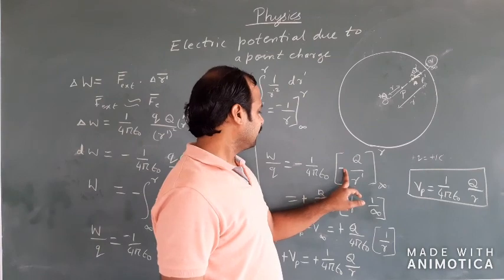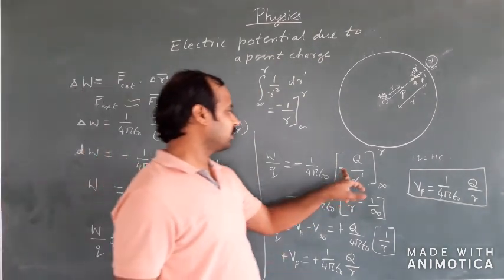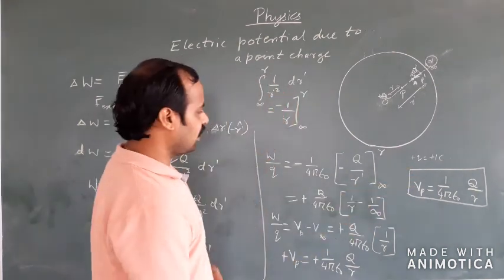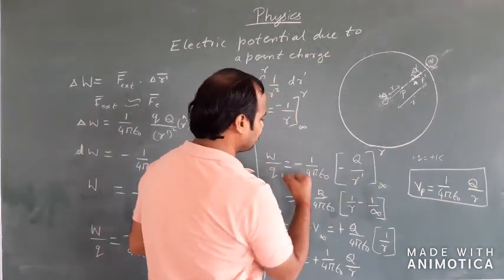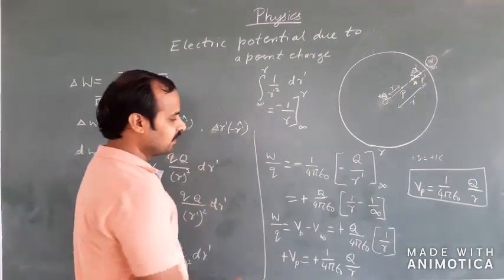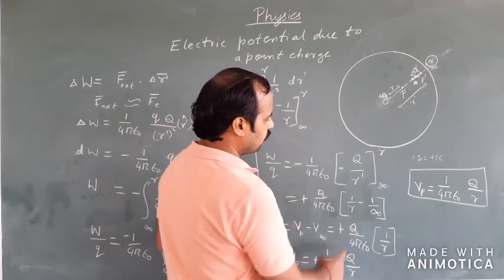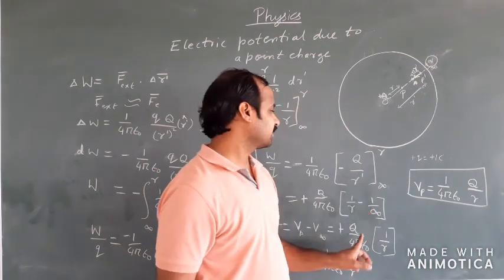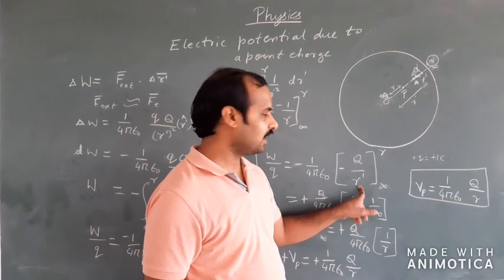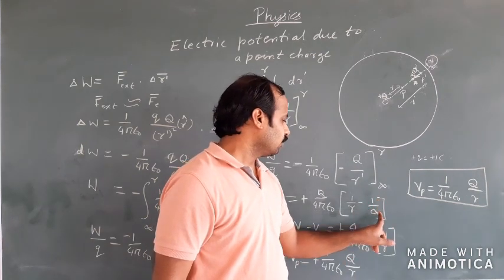You can see that the integration of q by R dash square dr dash is nothing but minus q by r dash between the limits infinity and r. So I am going to take this minus sign outside, so it becomes plus, minus into minus becomes plus. So plus q by 4 pi epsilon naught into, I am going to substitute the limits. The upper limit has to be substituted first in place of r dash, so it will be r, that is 1 by r minus 1 by infinity.